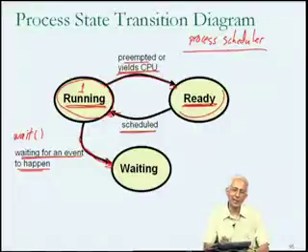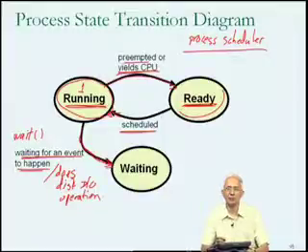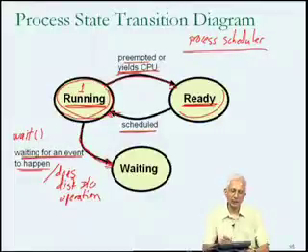There could be a similar arc or a similar label which could be put here for a process which does a disk I/O operation, right, the long duration event that we had talked about earlier. So, if there is a process which is in the running state and it does a disk I/O operation, then it will go into the waiting state and it will be in the waiting state until the disk I/O operation completes. What should happen to the process which is waiting for the disk I/O to complete?